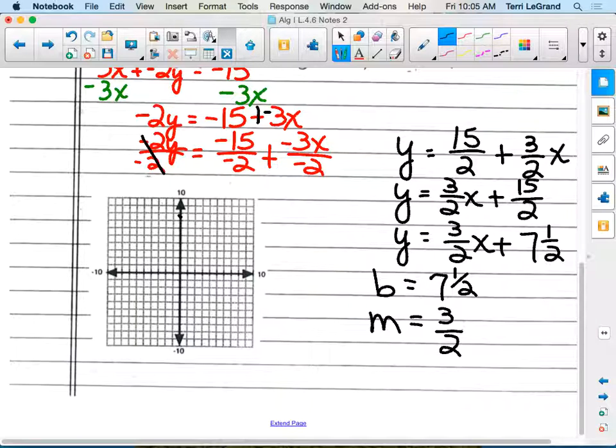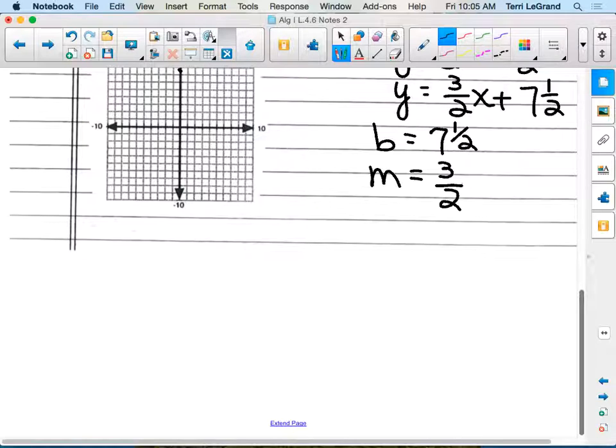Which means then that we have two options with that 3 over 2. What are our two options for that? It's a positive slope, so how do you get a positive when you're dividing? This is not a tough question.